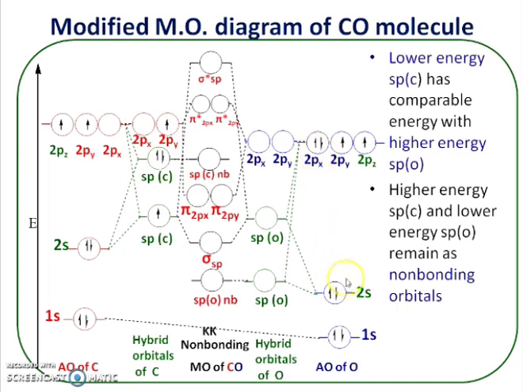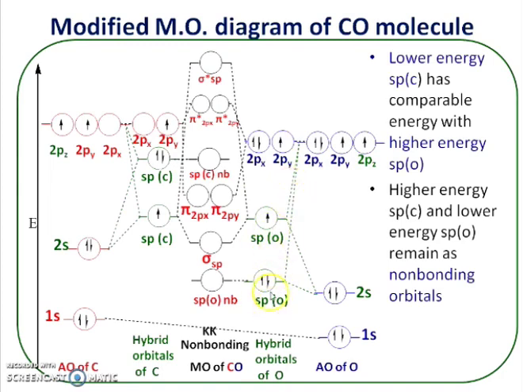Similarly, out of 6 electrons in the outermost shell of oxygen, there are 2 electrons in the 2s orbital and 1 electron in the 2pz orbital. These 3 electrons are shifted to the sp hybrid orbitals of oxygen. So first, second, third, and the 3 electrons that are present in the 2px and 2py orbitals are present as they are.